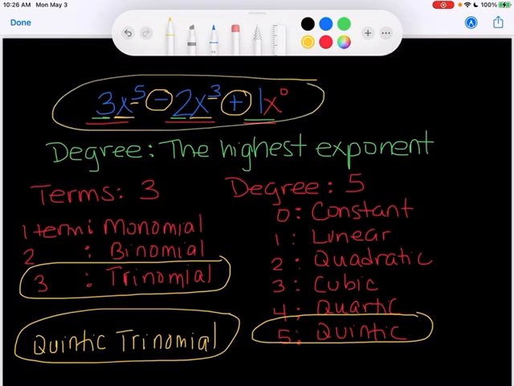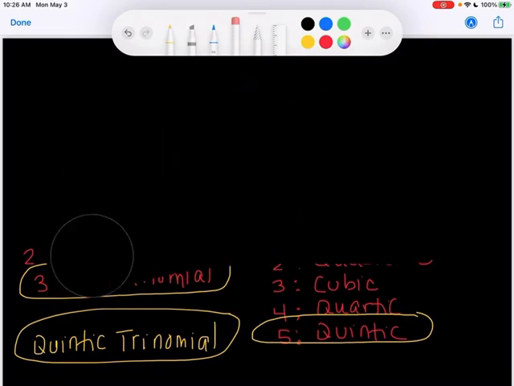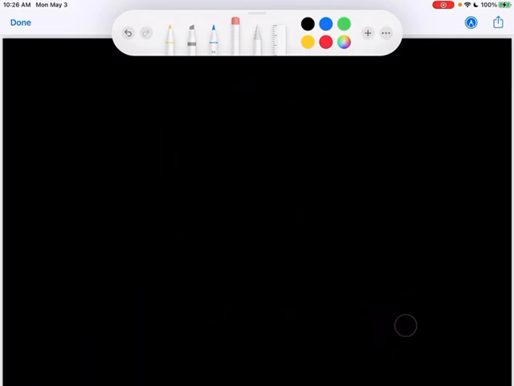Let me look at one more. So let's say that we have 8x minus 3 plus 9x to the 4th plus 2x squared.